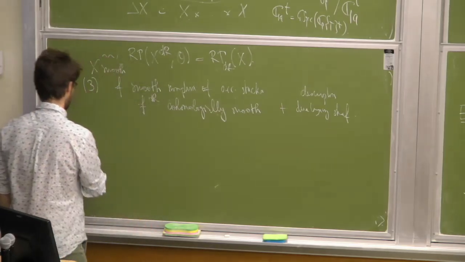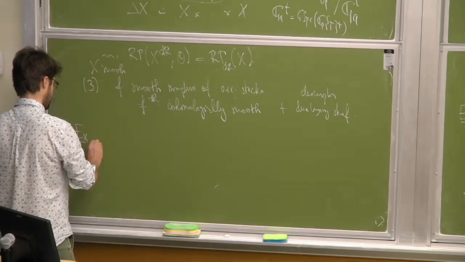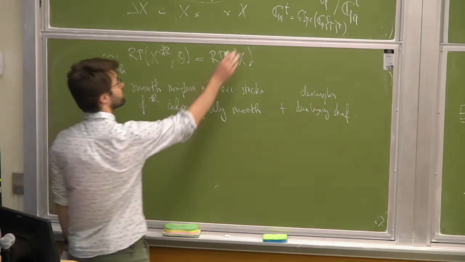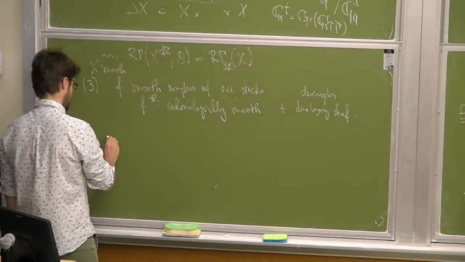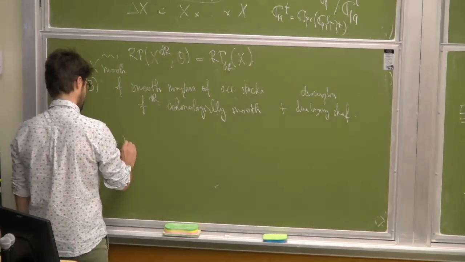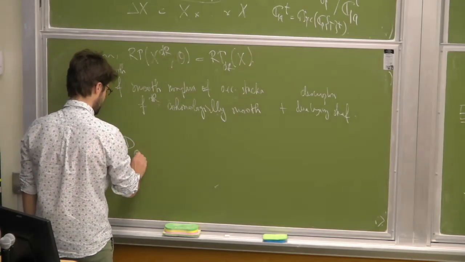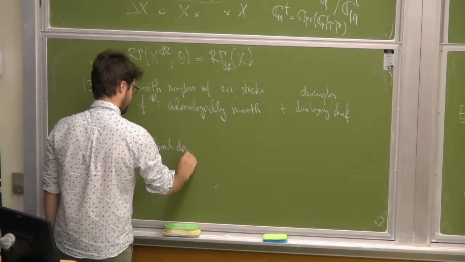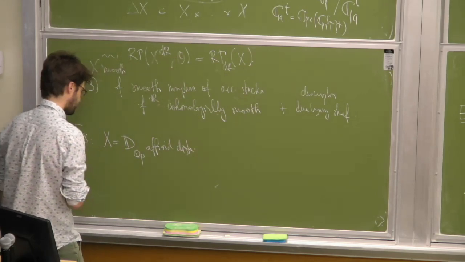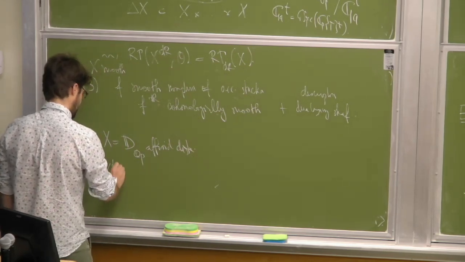I wanted to give another example. I gave the example of the affine line, but you can also look at the example of the affinoid disk. And then you can describe the de Rham stack.